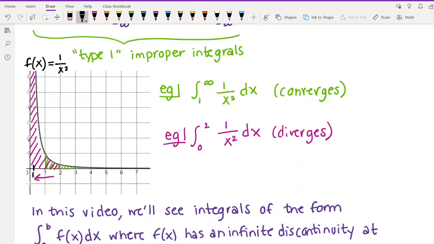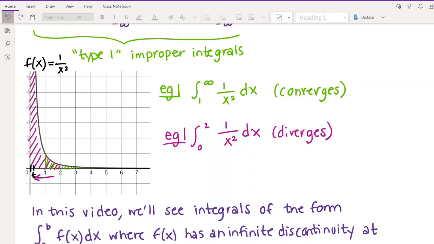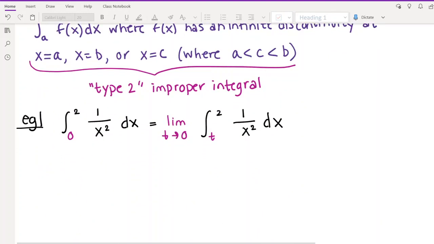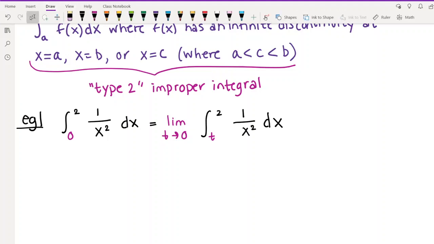You could put t here, and here, and here, and you could get closer and closer to 0 as you take your limit, but you wouldn't actually ever go to the left of 0. So the limit is from the right. This is the limit as t approaches 0 from the right.